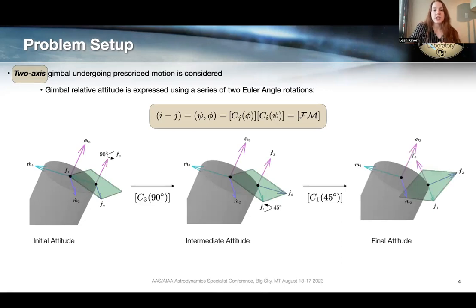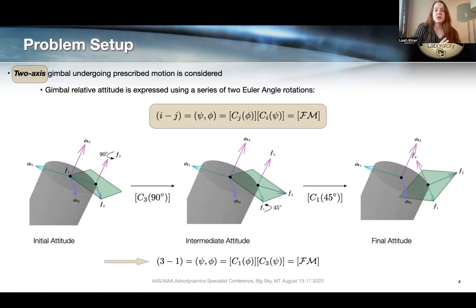The first rotation is characterized by an angle psi, and the second rotation is by an angle phi. These are our gimbal tip and tilt angles, we call them. For this case here, where we're rotating about the third mount frame axis by 90 degrees, our psi is 90 degrees. Then our second rotation is about our F1 axis by 45 degrees, so our phi is 45 degrees here.